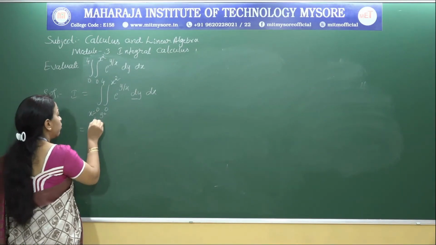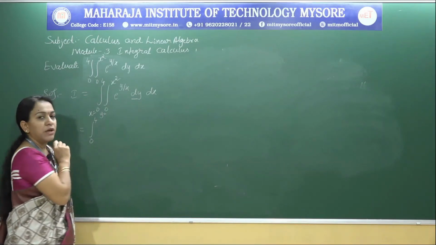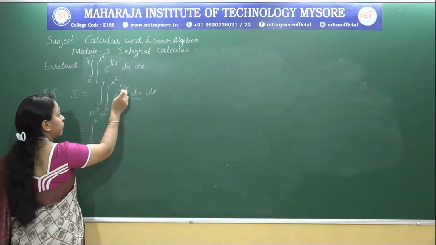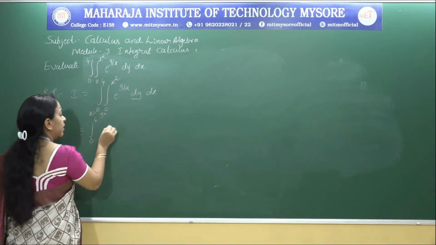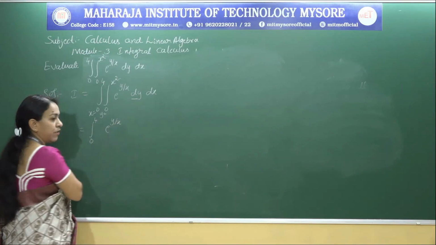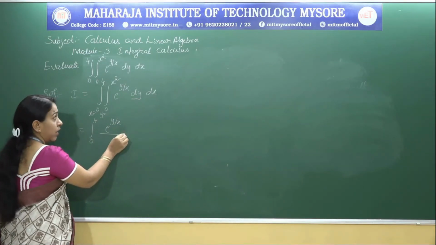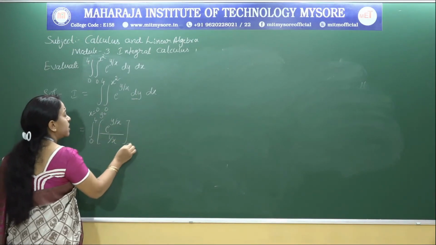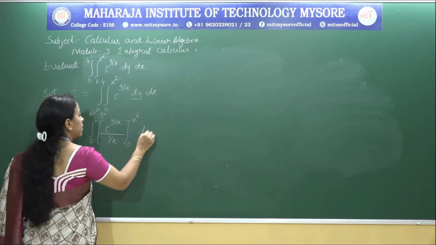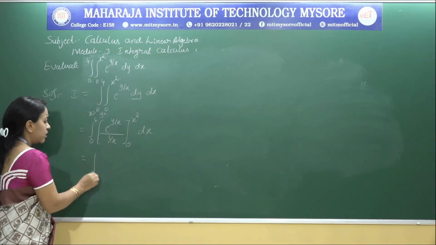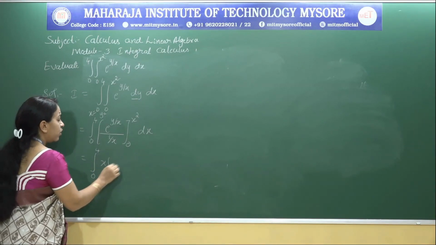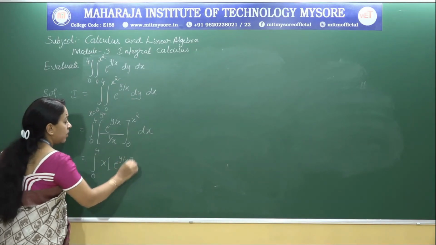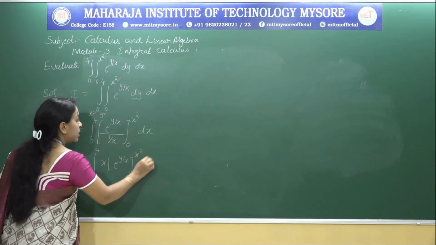So integral 0 to 4, integral of e power ax, e power ax integration is e power ax by a. So in the same way, keeping x constant, integrate e power y by x as e power y by x divided by 1 by x, since x is constant, between the limits 0 to x square dx. Now integral 0 to 4 x into e to the power of y by x. If I consider 1 by x to the numerator, it becomes x, between the limits 0 to x square dx.